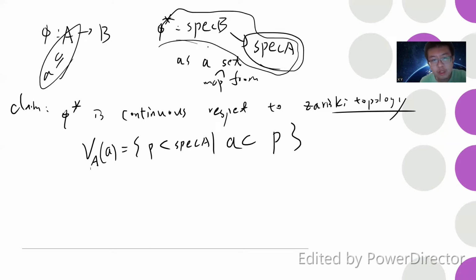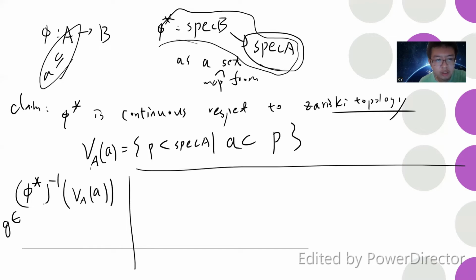Okay, so let's write down a proof. We want to prove that phi star inverse of V(A) is closed. Let's take an element Q belonging to this set, because this is the preimage under the phi star map.